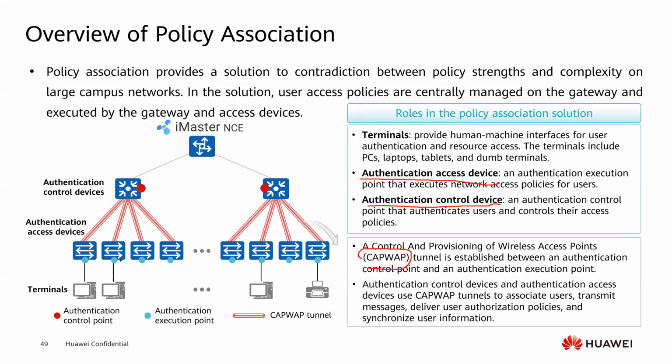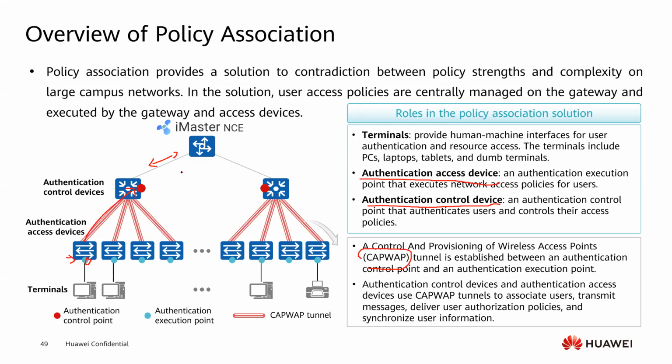So in this scenario, when a terminal sends identification information to the access device, the access device does not process this packet. It will directly send this information through the tunnel to the authentication control device. The control device will process this packet; for example, for 802.1x authentication, it will do EAP relay or EAP termination, and then exchange the identification information with the RADIUS server.